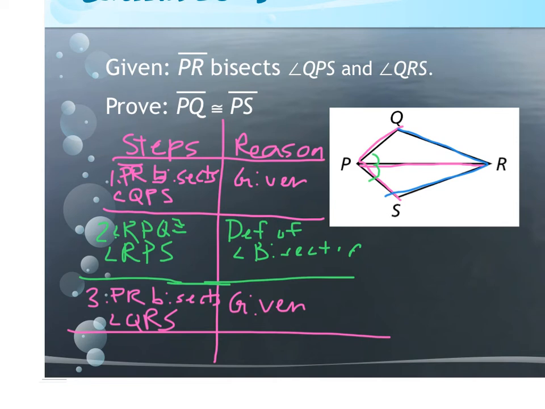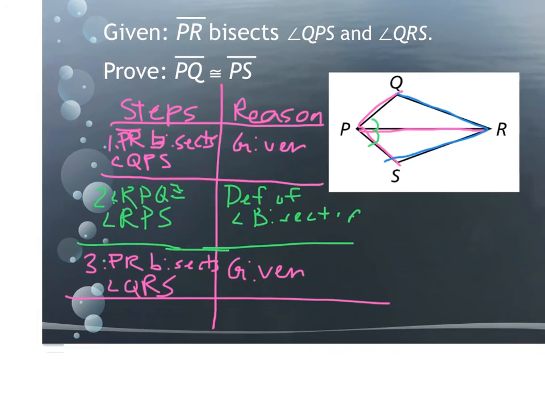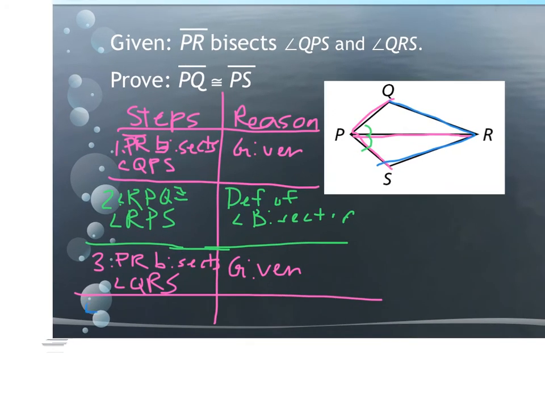So what do we have now? What do we know now? What can be our step 4? So we have PR, this segment, cutting this angle. So when it cuts it in half, what are we making, Austin?